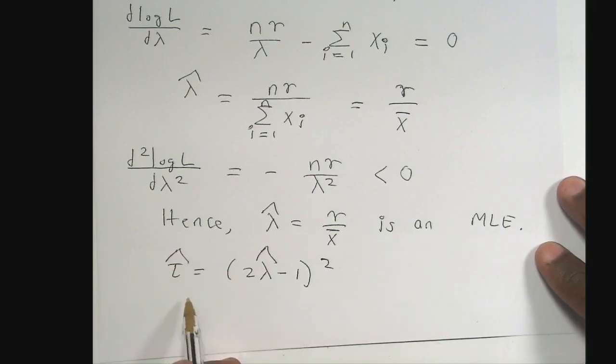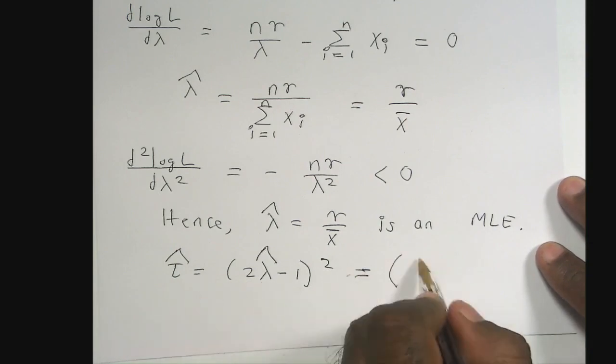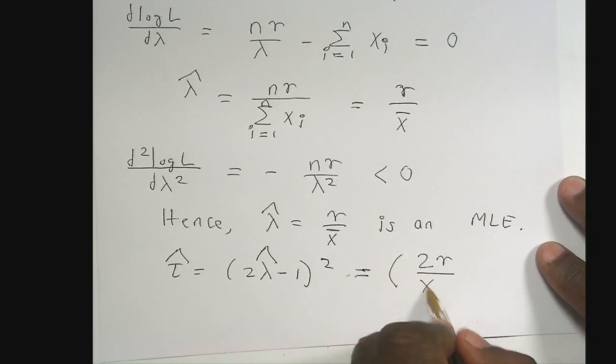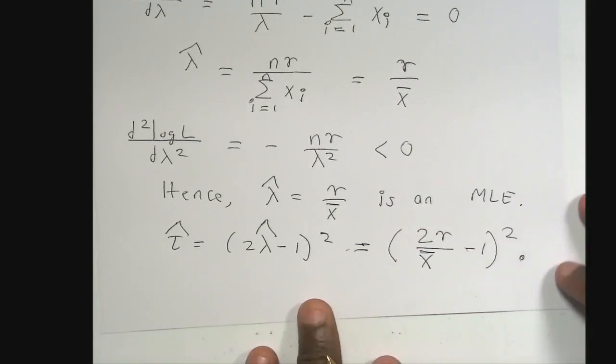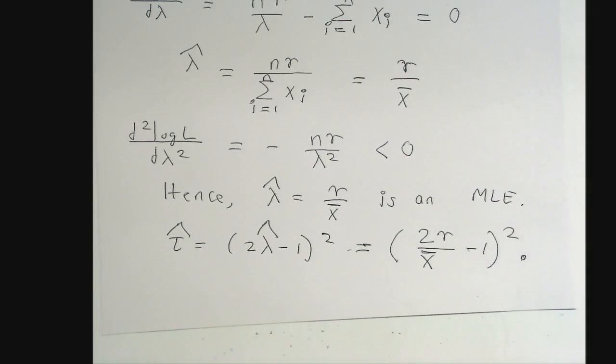So the MLE of tau is simply 2 lambda hat minus 1 squared, so this will be 2 r over x bar minus 1 squared. This is known as the invariance property, which is in the lecture notes on page 16 or something.